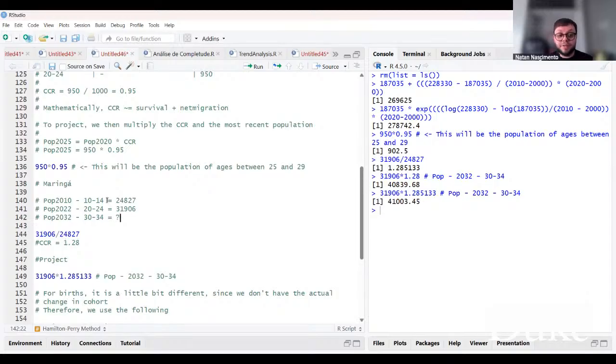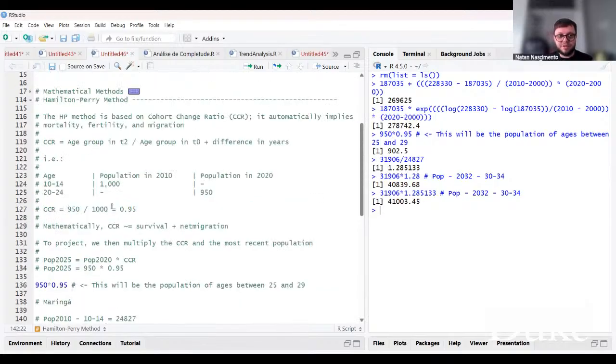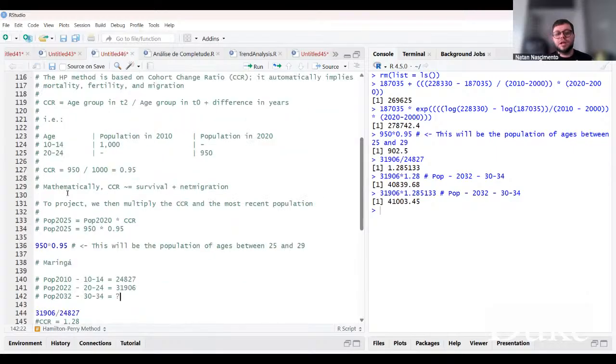But there is one thing that is a little bit different in this method, because we're growing people, we're aging people. How are we going to age something that doesn't exist? People that are born are born at 0 years. We don't have people with -2 ages.